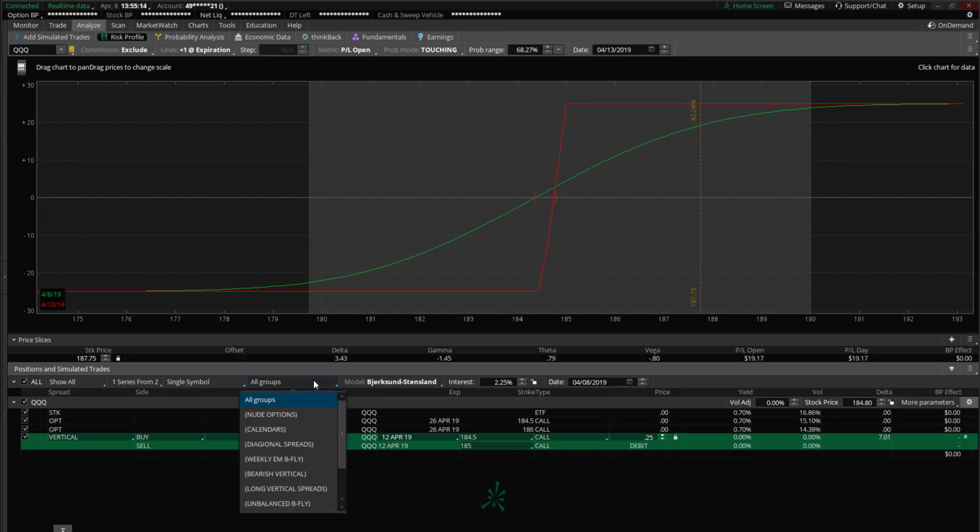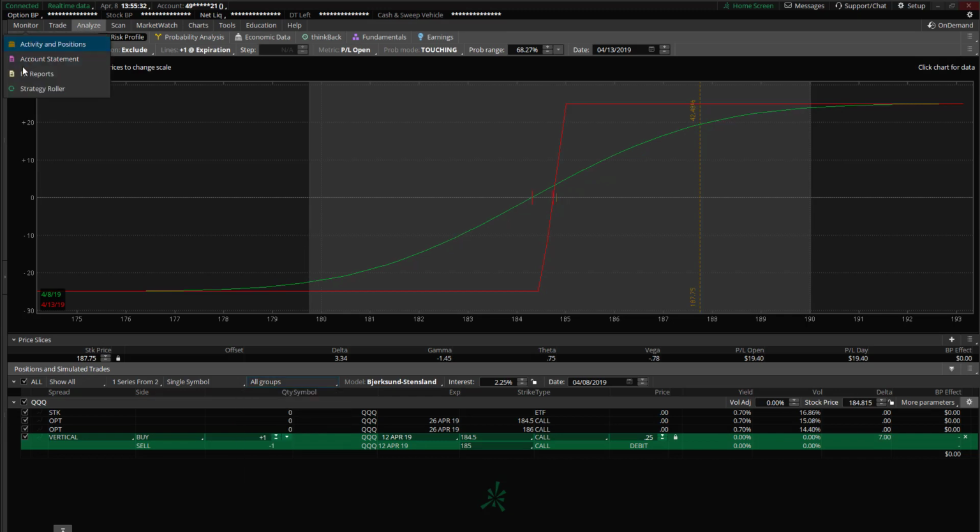And this allows me to look at what's in my account portfolio right now, whether they are my vertical bullish trades or my unbalanced butterflies, my naked options, and it'll just show me what trades that I have. Not necessarily applied to the Qs, but in overall. Okay, so that's the groups part of this area down here.